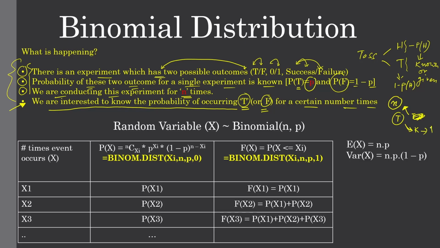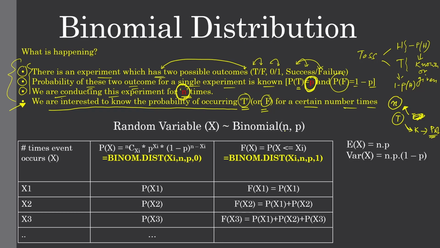So, what is that probability? For example, the probability of having k number of true outcomes within n experiments. I am conducting n experiments. So, what is the probability of having k number of true? I think it is clear now. Therefore, you see, I have written in red color. These are the two parameters of the binomial distribution.